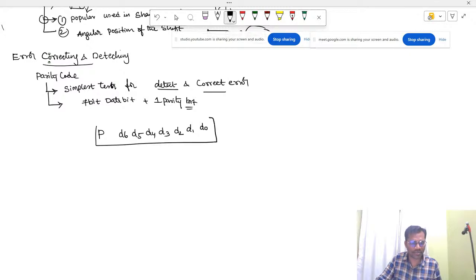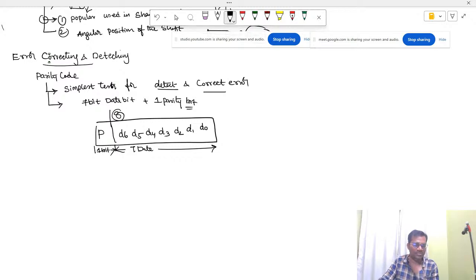So how many bits are there? 1, 2, 3, 4, 5, 6, 7, 8. Totally 8 bits: 7 data bits and 1 parity bit. These are the positions of the data bits and the parity bit.